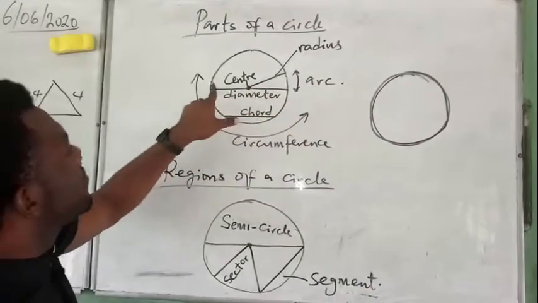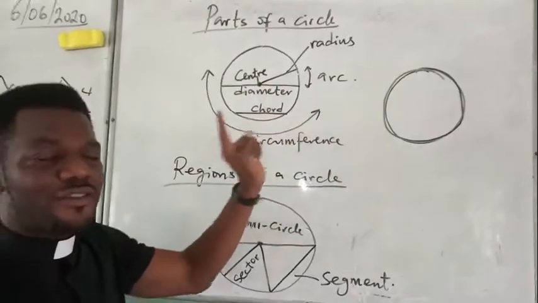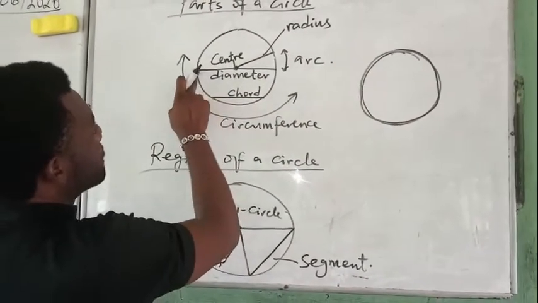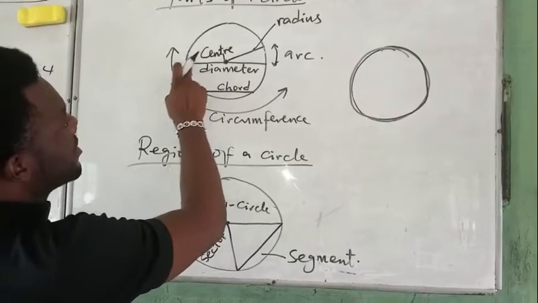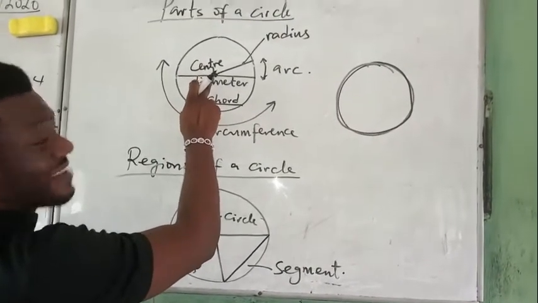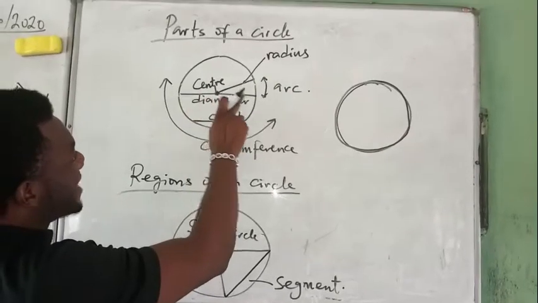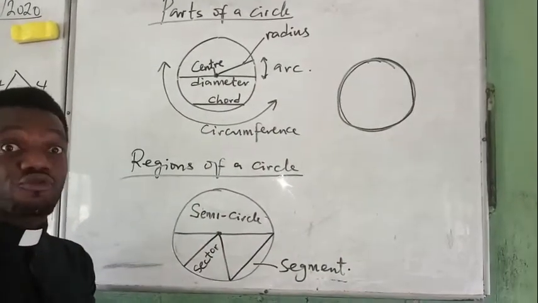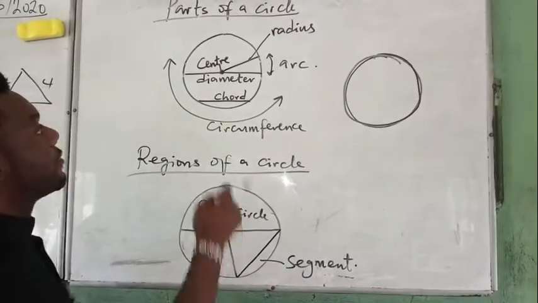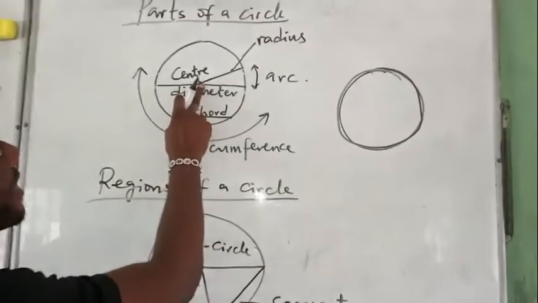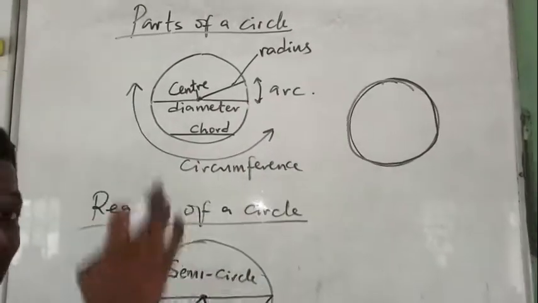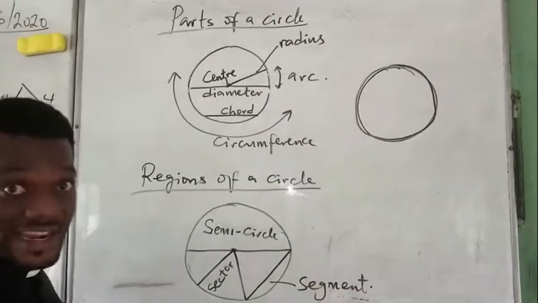Then the line that cuts across the circle, from one point on the circumference, passes through the center to another point on the circumference, is called the diameter. The diameter is like two radii together. From here to here is a radius, and from here to here is a radius. That's why in mathematics, a diameter is equal to 2 radii.